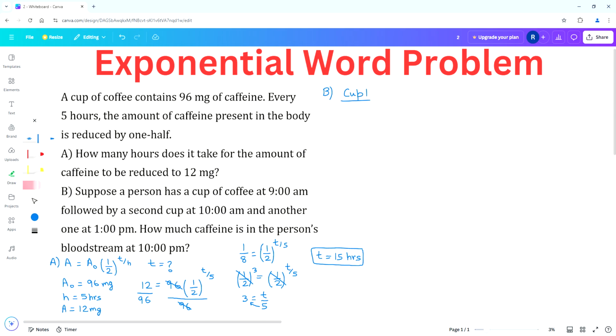We should use the half-life formula because we are given the half-life for caffeine in the bloodstream. As per the problem, for 1 cup, A naught is equal to 96 milligrams. Half-life is 5 hours.